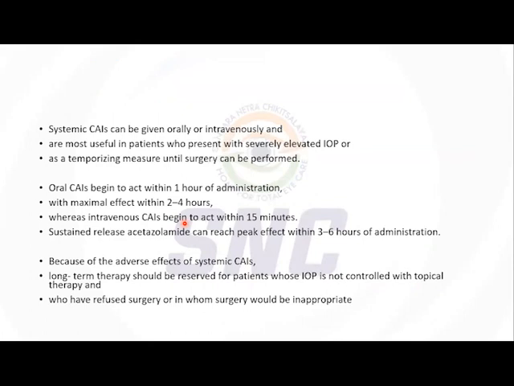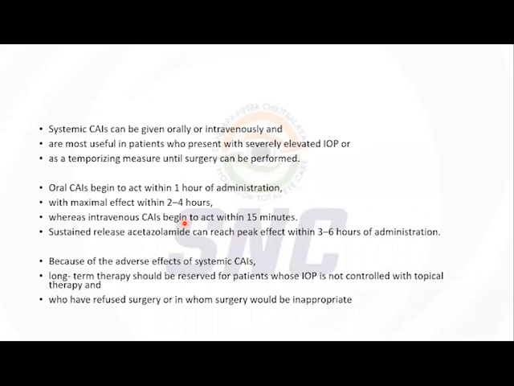The systemic carbonic anhydrase inhibitors can be given orally or intravenously and are most useful in patients who present with severely elevated IOP, or as a temporizing measure until surgery can be performed.